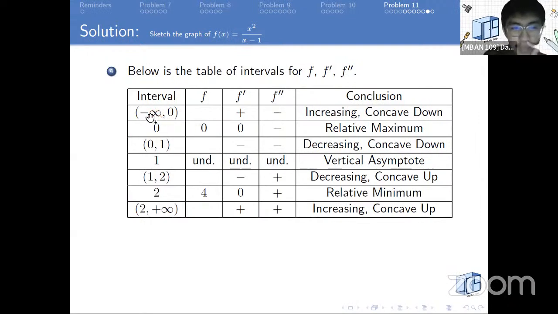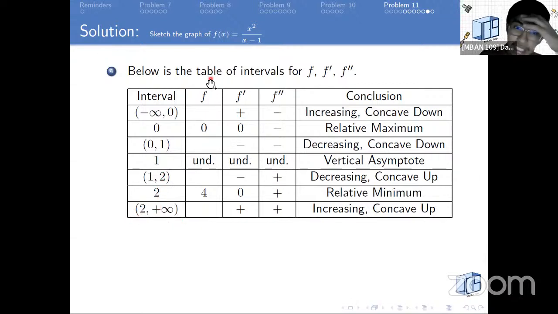So meron tayong open interval negative infinity to 0, tas x equals 0, open interval 0, 1, x equals 1, open interval 1, 2, x equals 2, and finally open interval 2, positive infinity.